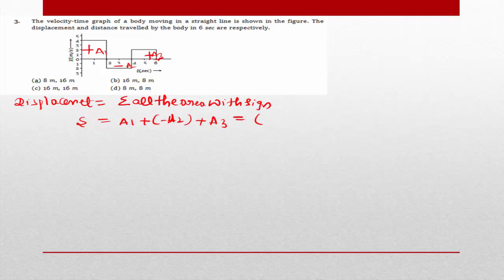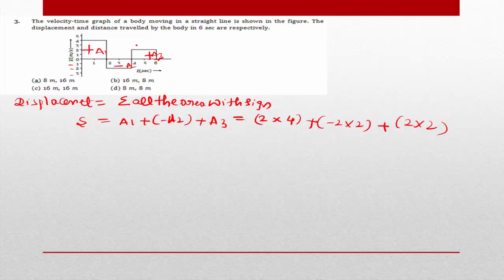Substitute the values. A1 is length into breadth, 2 into 4, plus A2: 4 minus 2 is 2, into minus 2, the value is minus 2 into 2, negative axis. Again plus A3, which is also 2 into 2, 6 minus 4 is 2.